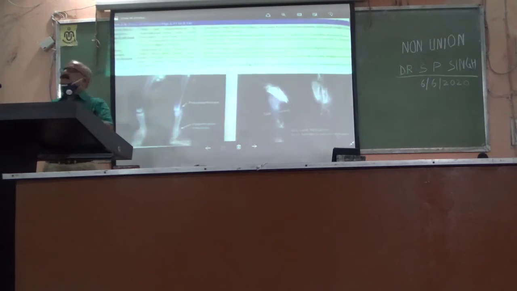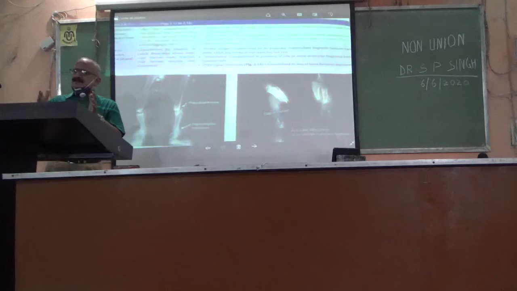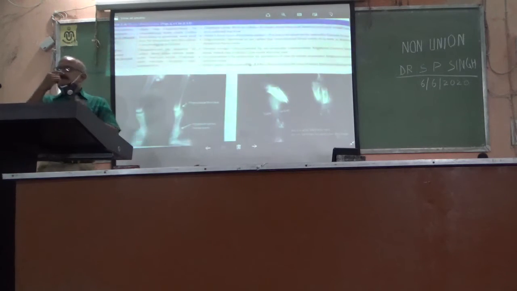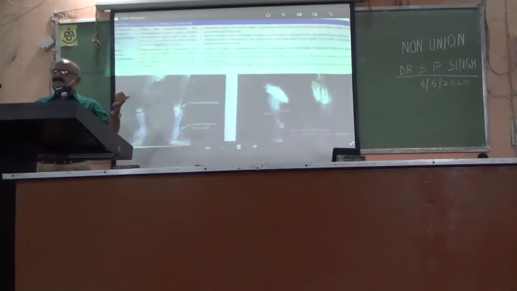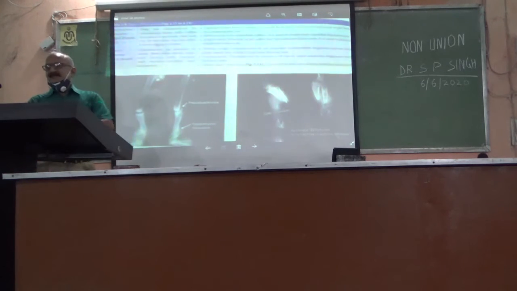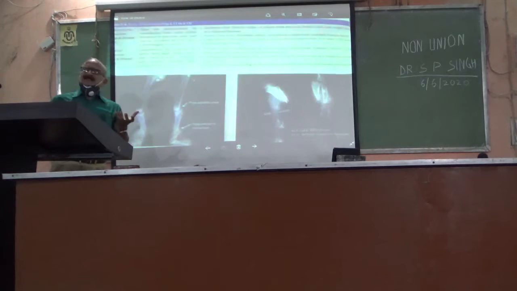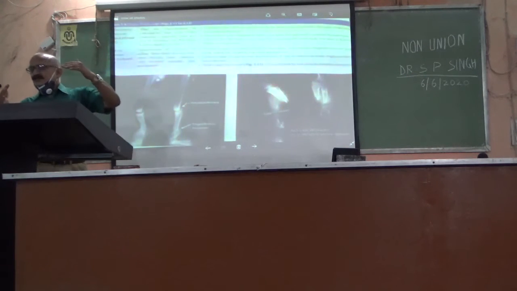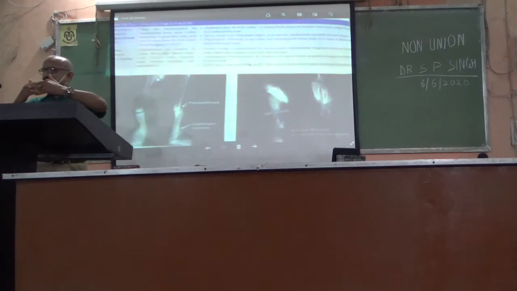It went into non-union. So this type of mechanical factors, what we saw that there is some presence of callus in the vicinity. There is some presence of callus, but unfortunately this callus couldn't form a bridge.